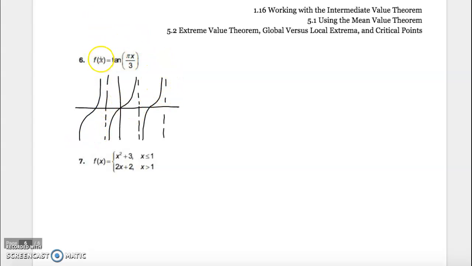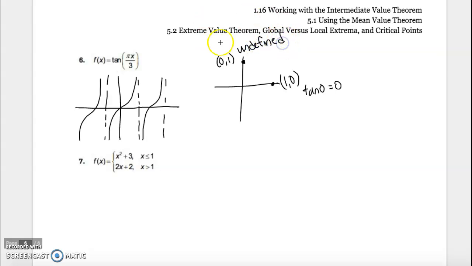You also know on your unit circle that at 0 degrees, which is 1 comma 0, tangent would equal 0. Tangent up here though, 0 comma 1, would be undefined. So tangent of pi over 2 would be undefined.